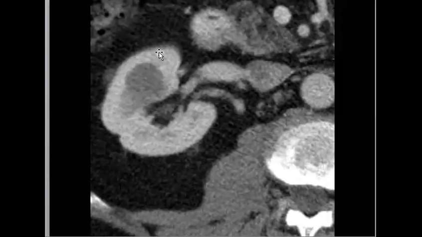And if you compare it with the renal parenchyma, you can say that it is hypodense, perfect. So what would your differential diagnosis be?